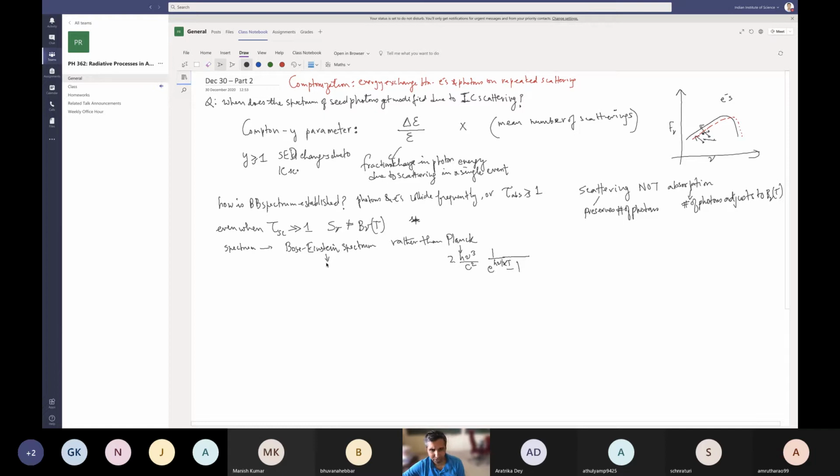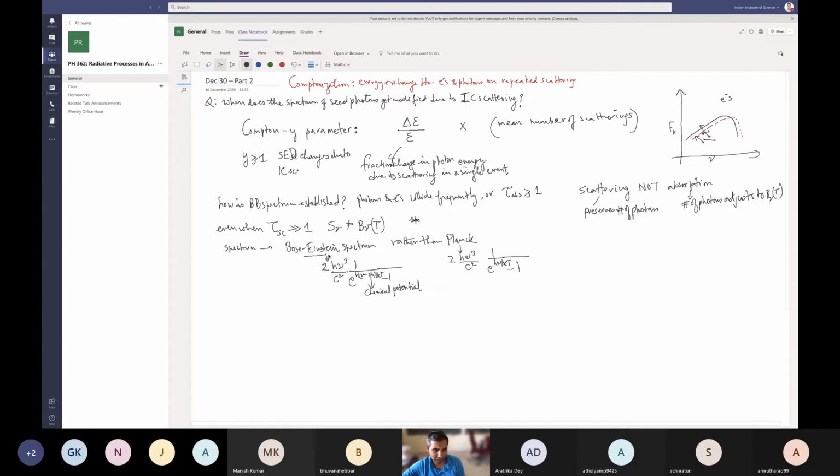The Bose-Einstein spectrum differs from it. It has a similar form, but it has h nu minus nu naught by kT. So it has this chemical potential-like term, which corresponds to the fact that the number of particles is conserved.